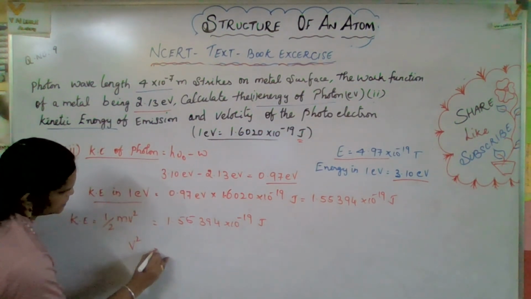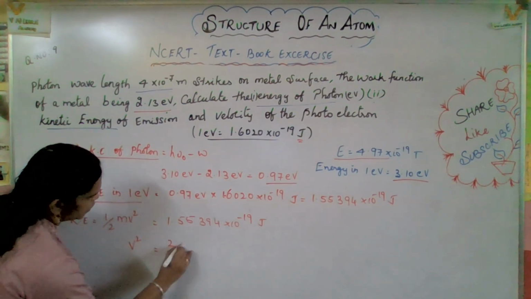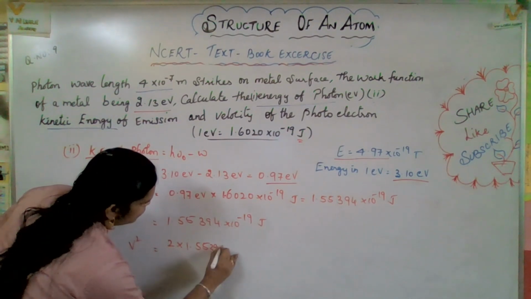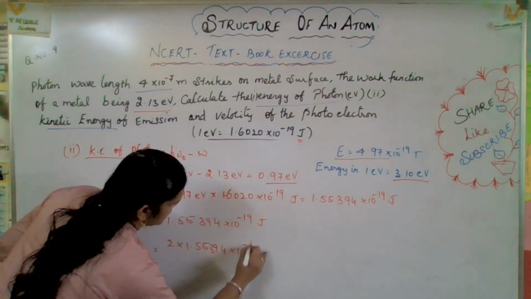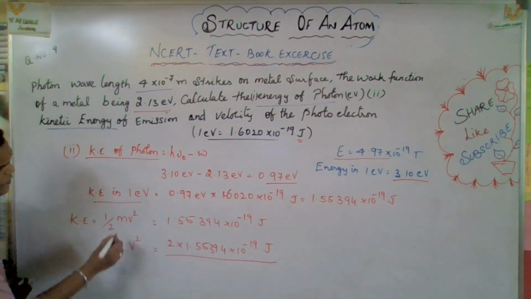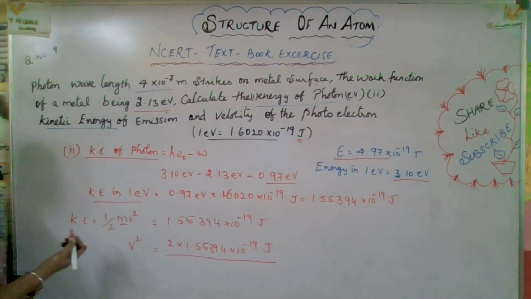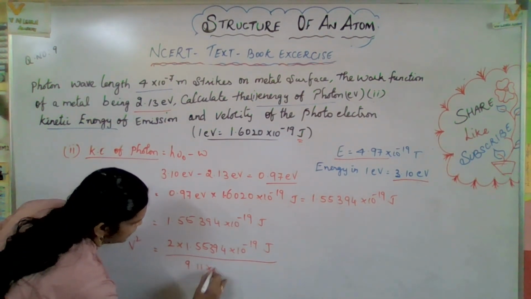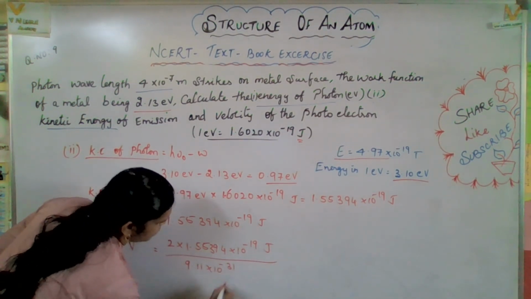V squared is equal to 2 into 1.55394 into 10 to the power of minus 19 joule divided by m, the mass of the electron, that is 9.11 into 10 to the power of minus 31.